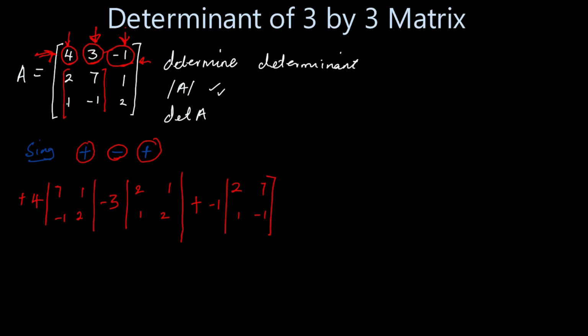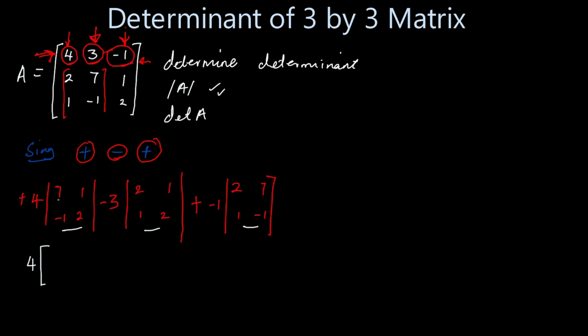We can see we have reduced this 3 by 3 matrix so that we have smaller 2 by 2 matrices here. And for these matrices, we can get the determinant the way we did in our last video by multiplying the leading diagonal and subtracting the other diagonal, so that we have 4 into brackets.